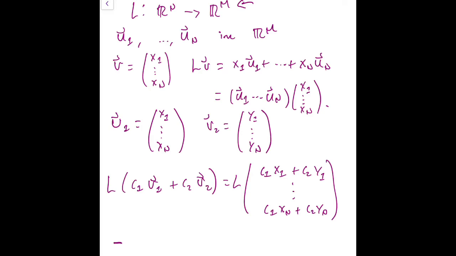And given the formula for L, this is just c1 x1 plus c2 y1 times u1 plus plus c1 xn plus c2 yn times un.